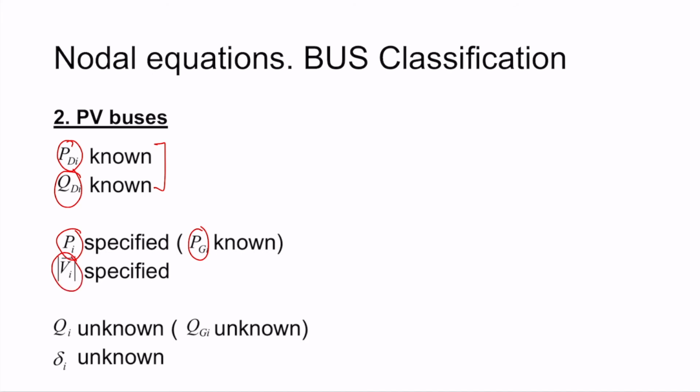Typically these PV buses are doing some voltage regulation. This is why this is specified. Engineers say we'll keep this bus at this voltage and we will have some kind of control so this doesn't change the voltage. So what is unknown here? The total injection of reactive power and the phase angle.